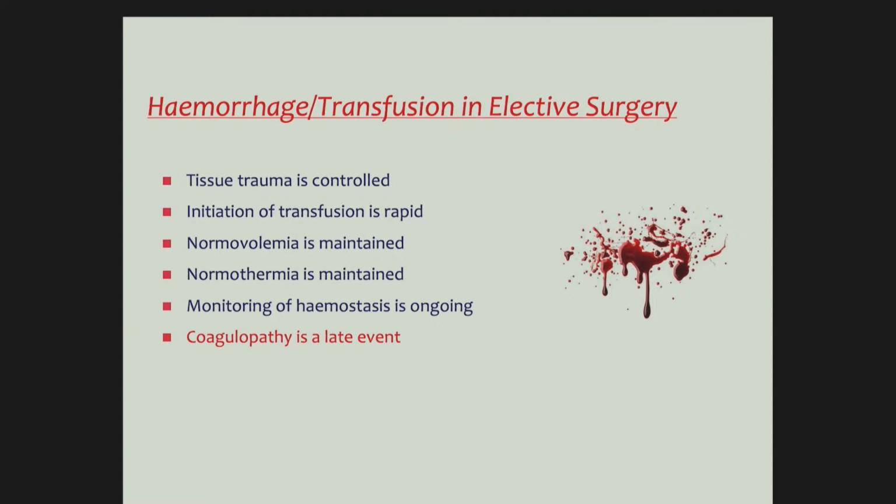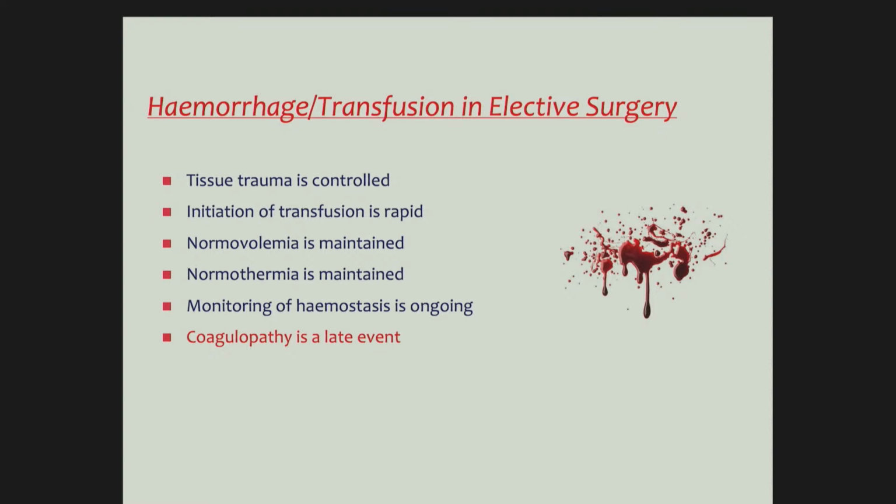So in elective surgery, if we've got critically bleeding patients, massively transfused patients, the tissue is controlled, it's surgical. And transfusion, already established those lines of communication. So the response can be very rapid, and you've got better monitoring of the patient volume and temperature, and you have ongoing hemostatic monitoring. So if you haven't got point of care testing, then your standard laboratory tests are appropriate. And if coagulopathy does occur in this setting, then it's usually a late event.